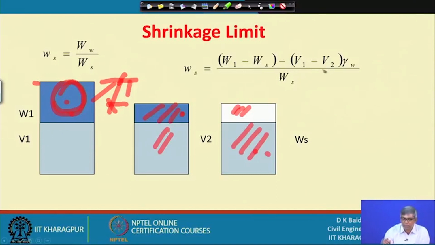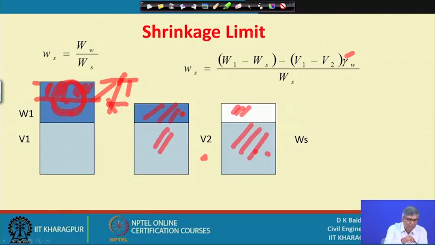That is V1 minus V2, if it is V1 and if it is V2. So, V1 minus V2 is the volume, and what was the weight? The water only was there. So, V1 minus V2 into gamma W was the weight of water in this zone initially.